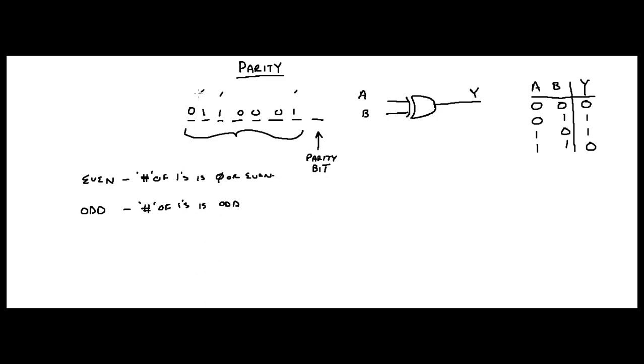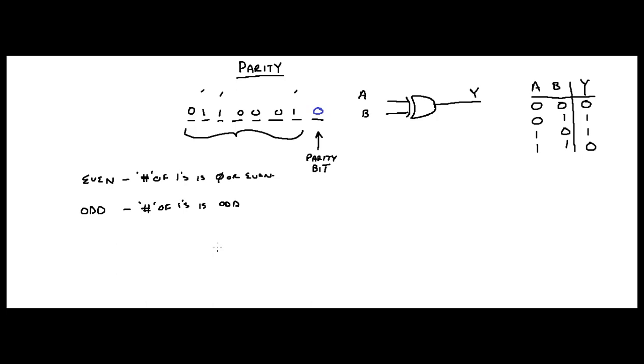In that case, you have 3 ones in this 7 bits, right? So this 8th bit would simply be a 0 because the number of ones is already odd. So you don't have to add another 1 to it, so you would make it a 0.